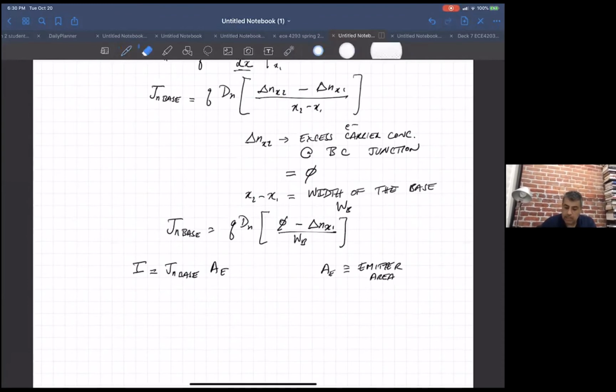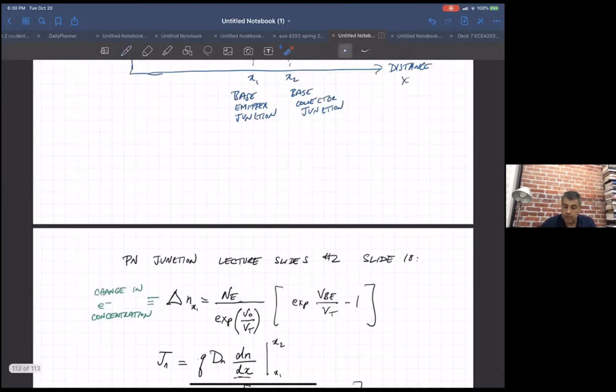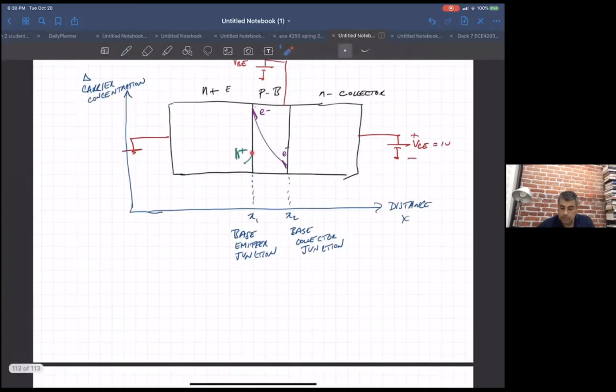So this Jn, again, is the current density. This is the actual current. All I have to do to get the current from the current density is multiply it by the area over which it's flowing. This is drawn as a two-dimensional drawing, but it's really three-dimensional.